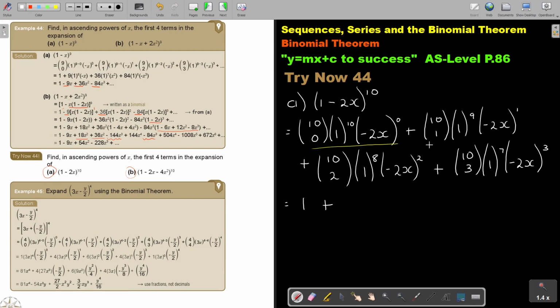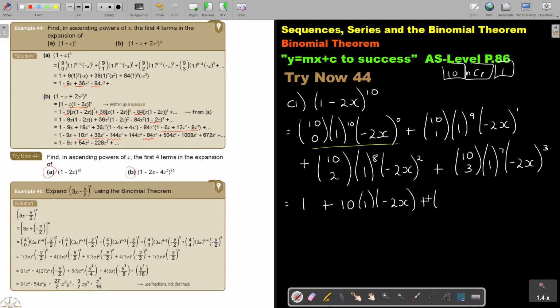Okay, now 10C1, remember how I press it? I press 10, and then I press that nCr key, and then I press 1, and I think it's 10. It's 10. Then 1, it's just staying 1, and this is minus 2x.